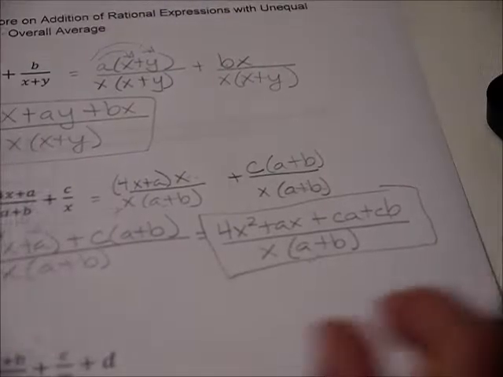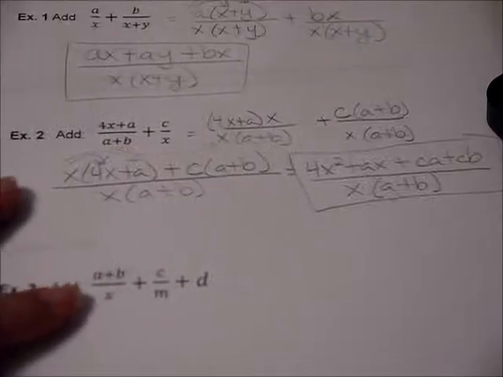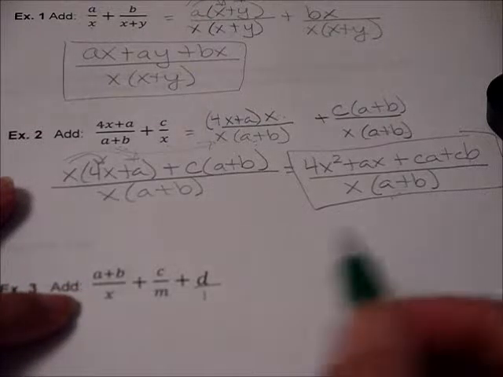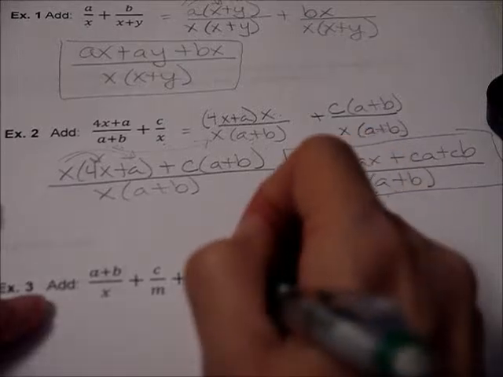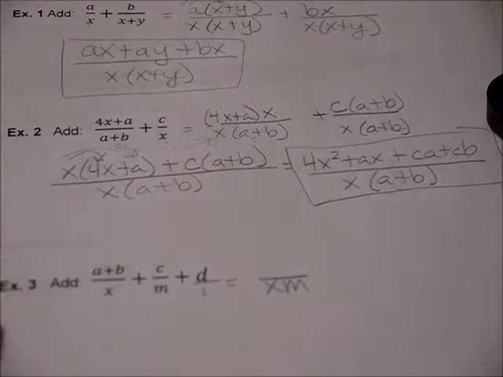Let's take what I just said and apply it to this. Find the LCD. Well, d is the same as d over 1. So we need the LCD of x, m, and 1. The LCD is xm, we just multiply those two.